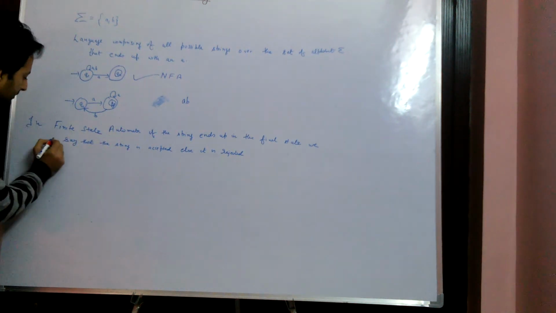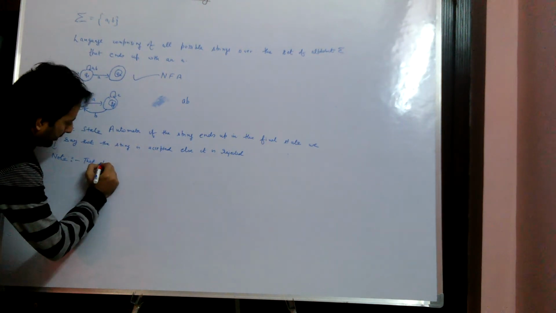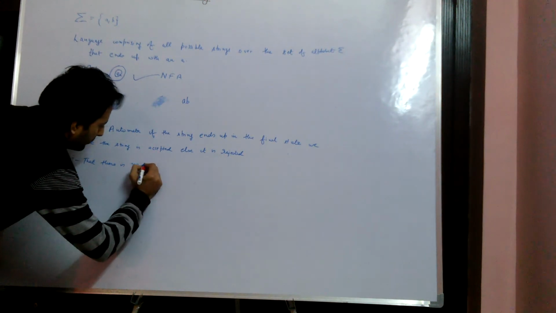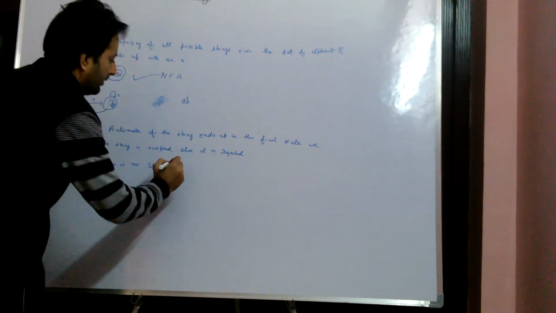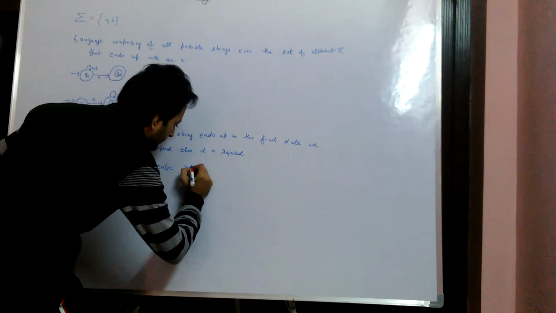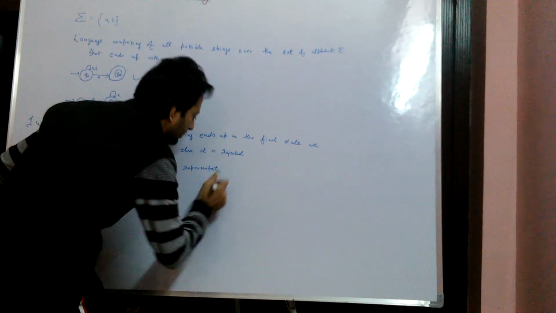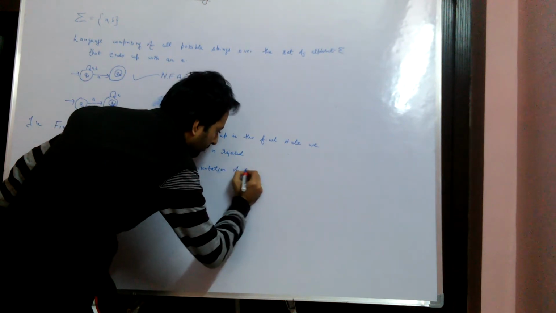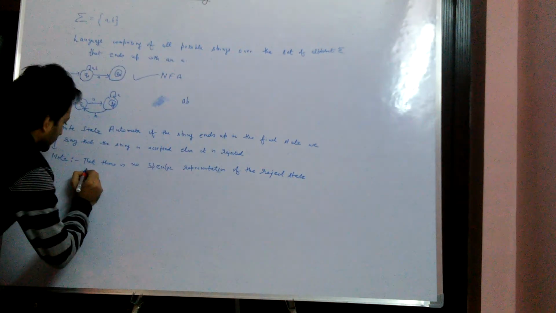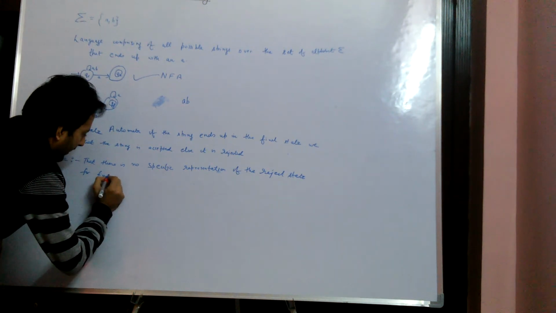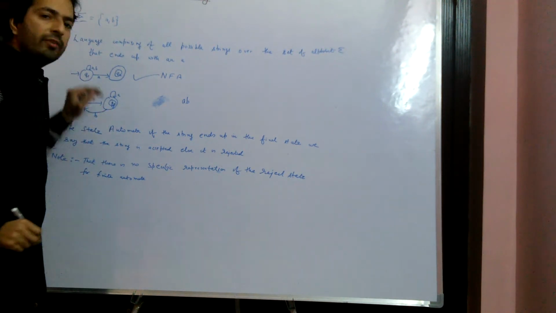An important point to note here is that there is no specific representation of the reject state for finite automata. It means we are not having any specific reject state.